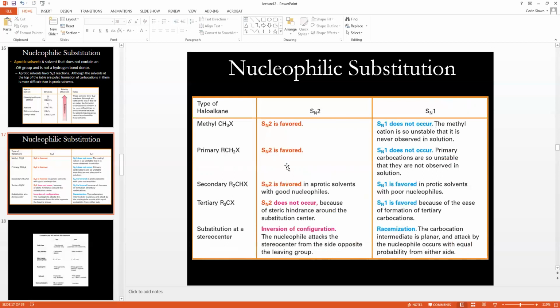If it's a primary, it's always going to do SN2. If it's secondary, it is favored for SN2 when there are aprotic solvents, whereas it's favored for SN1 when it's in protic solvents. Tertiary never happens in SN2, but is favored in SN1. And then when I think about substitution at the stereocenter, it's always going to be inversion of configuration for SN2, and then racemization for SN1.